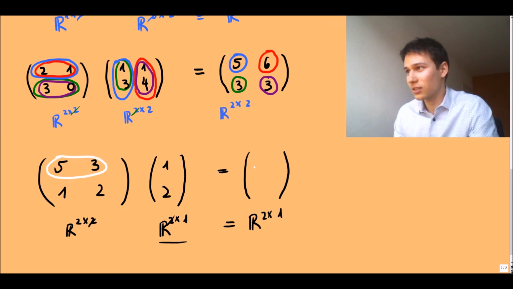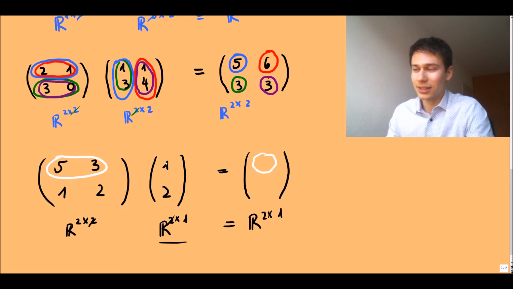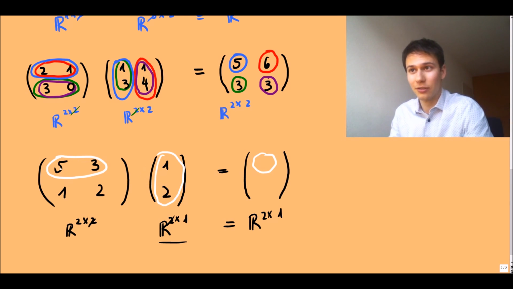This is going to give us the first row of the vector, so obviously this first entry. If you take the scalar product of this row vector together with this standing vector, we have a 5 plus a 6 gives us a nice 11 up here.